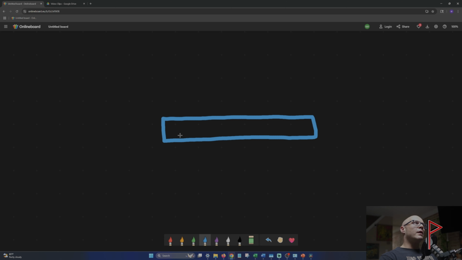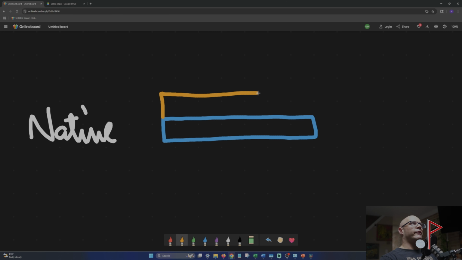Okay, so let's use the same color codes that we were using before in those bar graphs. This is native rendering, okay? Let's call this native. And that's your FPS in the blue. And over here in orange, we've got your 1% lows. Now, let's do DLSS.